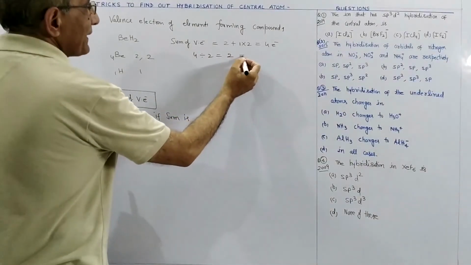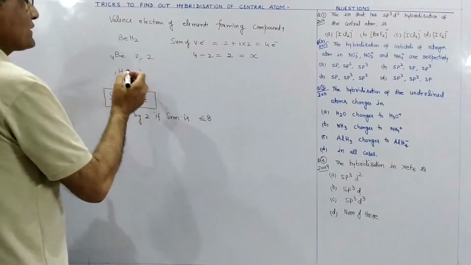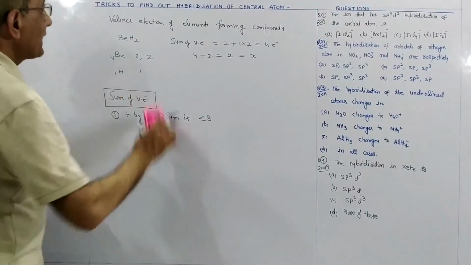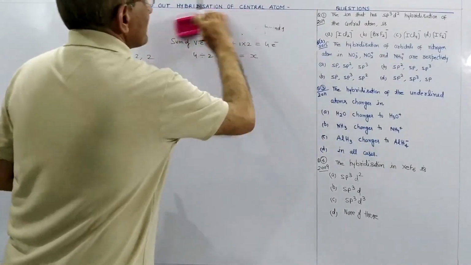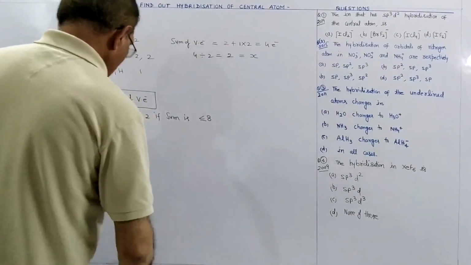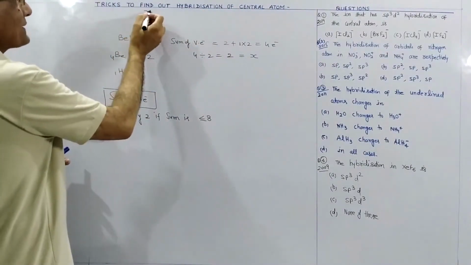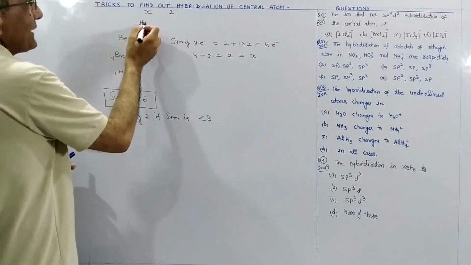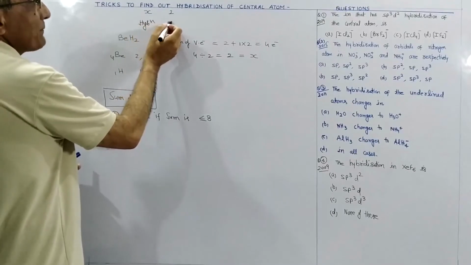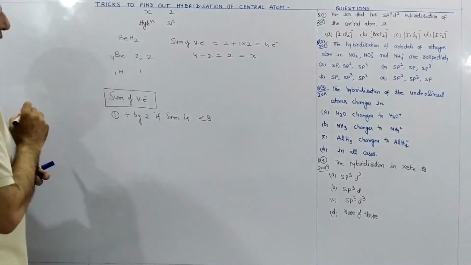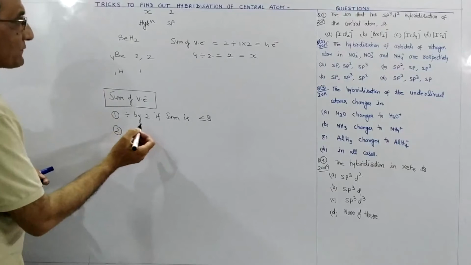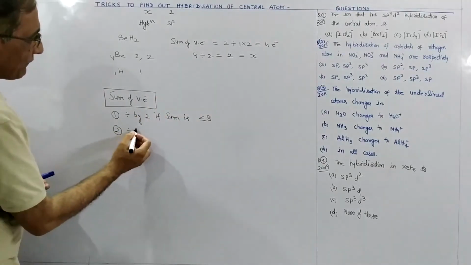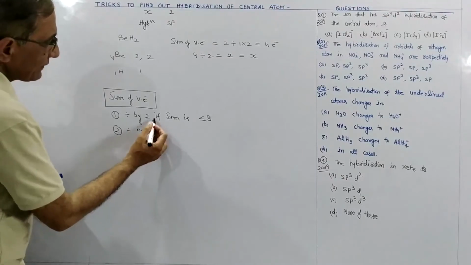Suppose this value I am taking as x. If this value x is coming out to be 2, then hybridization will be sp. And suppose the sum of valence electrons is more than 8, then divide it by 8.